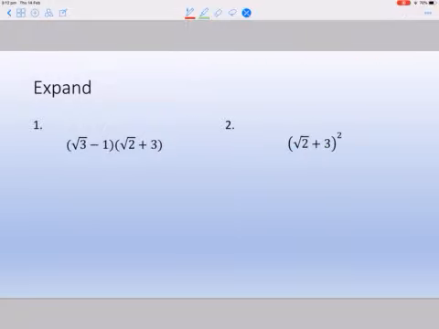All right, so this will be the last example. So I'm just going to expand surds, but essentially it's exactly like what we would do with algebra. So I'm actually just going to use FOIL to do the first one. Okay, so I'm going to do firsts. That's root 3 times root 2. I'm going to do outers. I think I did the outers wrong, so I'll go back to the beginning.